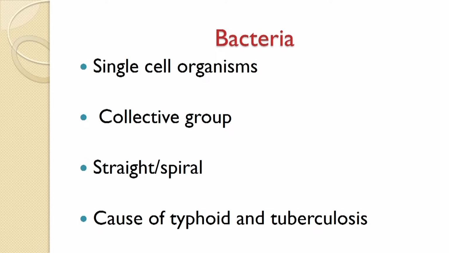Next, let's learn about bacteria. Bacteria are mainly prokaryotic organisms, and mostly they are single celled, and they live in collective groups. When we find bacteria in any place, thousands or even millions of bacterial cells can be found. Based on their shape we can classify them.